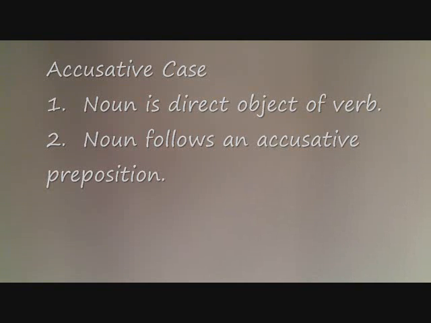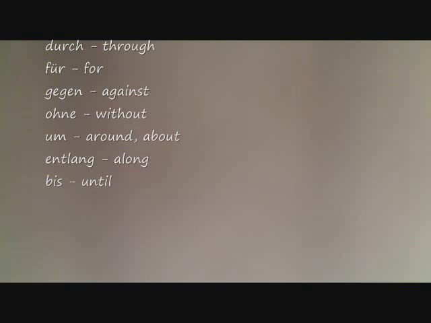And these accusative case prepositions are durch, which means through, für means for, gegen, meaning against, ohne, meaning without, um, meaning around or about, and then finally entlang, which means along.